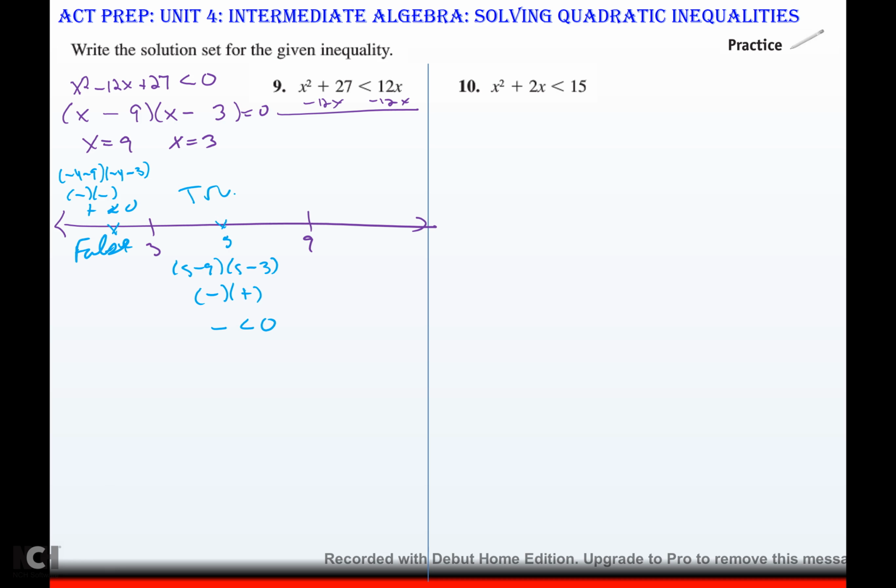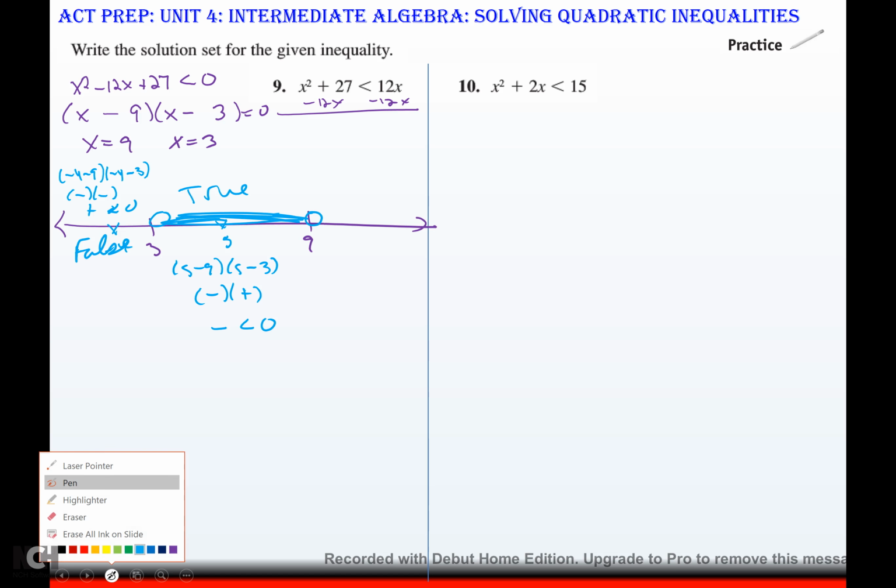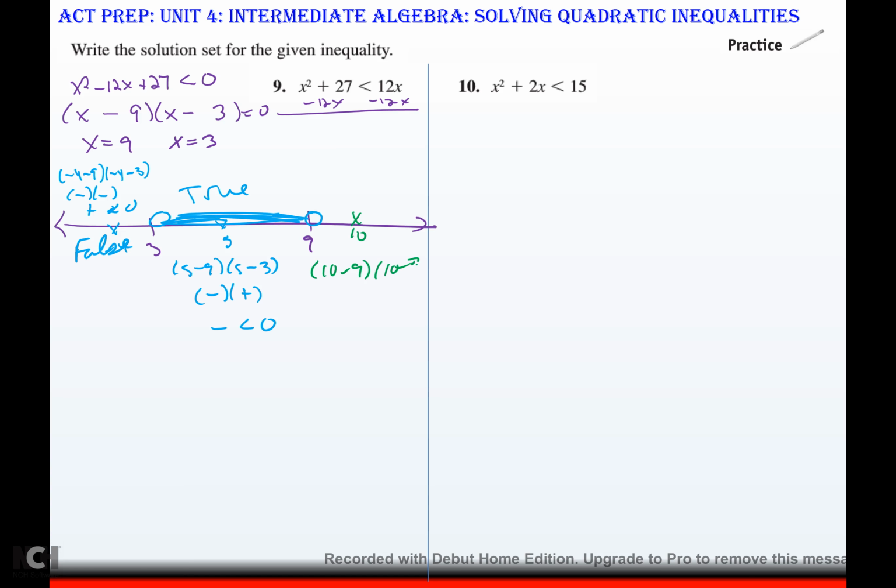So this section is true, but I can't include the ends. And then test something higher than 9, like 10. I'd have 10 minus 9, 10 minus 3. That's a positive times a positive, which is never less than 0. So this section is false, which means my solution is between 3 and 9.